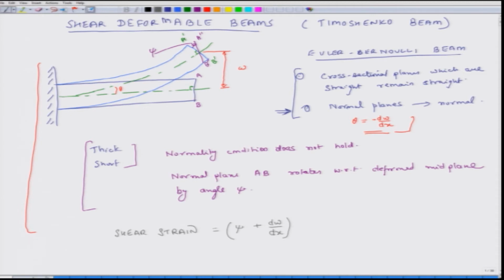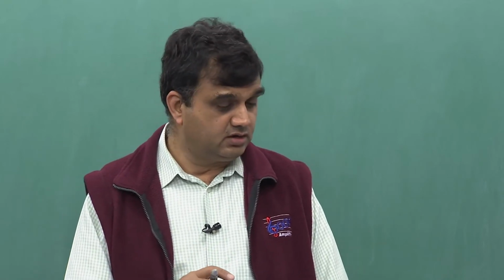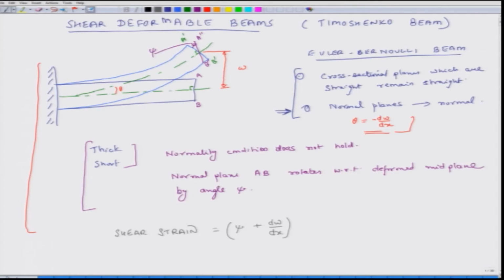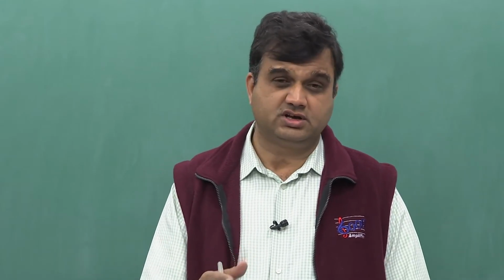So, with this background, what we will do is we will now develop a finite element formulation for this type of a beam. The reason I am doing this is that not only we get to learn a little bit more about beams, but also because in this particular case, when we create our stiffness matrix, we have to resort to some different methods which are known as reduced integration methods.